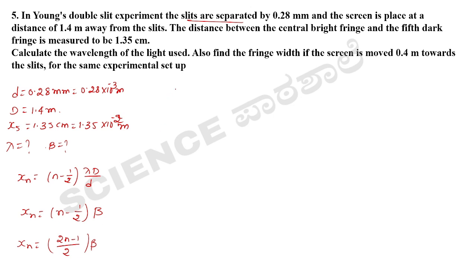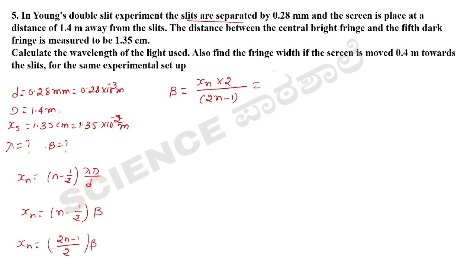Then beta is equal to what? Beta is equal to, take this 2 to this side, xn into 2 divided by 2n minus 1. See, xn we know how much? 1.35, that you have to substitute here.